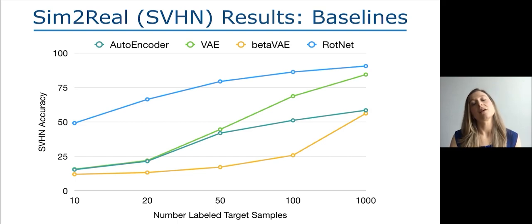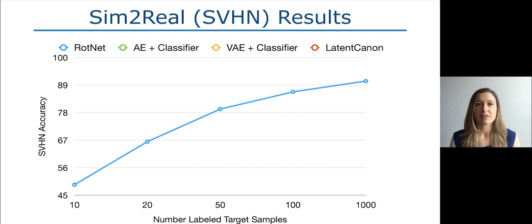And RotNet is a model that is learned using a multitude of auxiliary tasks across being able to predict the various rotations that have been applied in image-based transformations to, in this case, the simulated images. So this is the most transferable of these simple baselines. So we're going to compare with RotNet alone on the next slide, and now consider more sophisticated baselines.